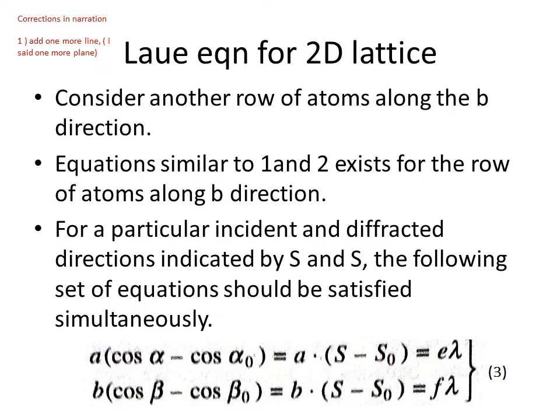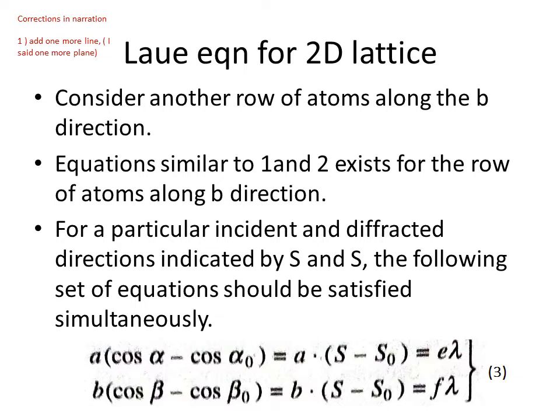And if the diffraction condition is satisfied, we get a bright spot in a specific direction, and that is given by S. So whether it be atoms arranged along the A direction or the B direction, S0 is the same in both cases and S is the same in both cases. But of course the lattice constants A and B will be different.